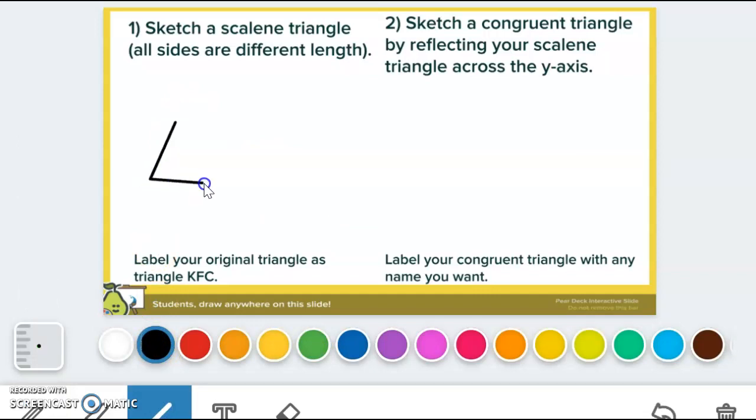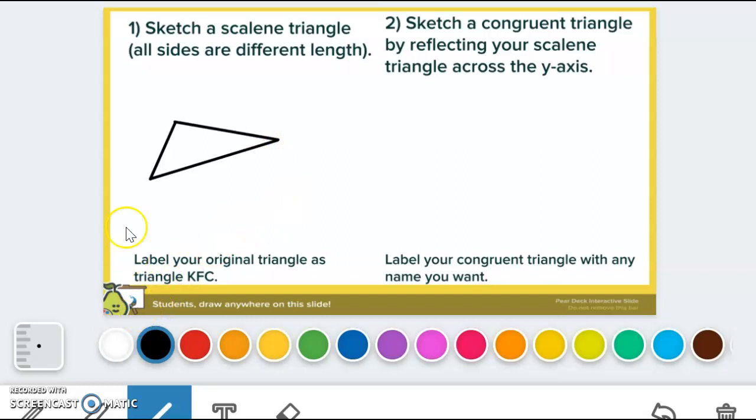And I want the other side to be significantly different. Then maybe drawing from here to there. Okay, so here is my scalene triangle.